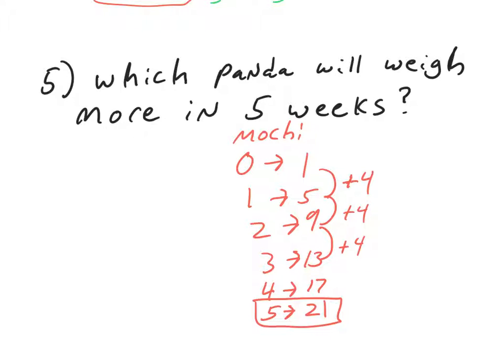Okay, so that's Moki. Now we'll look at the other panda named Kappa. And we're going to turn its line graph into the same format as we did for Moki. So at week 0, Kappa weighed 2 pounds.